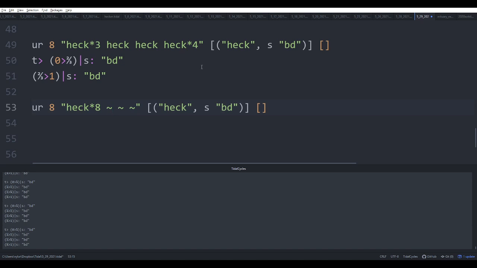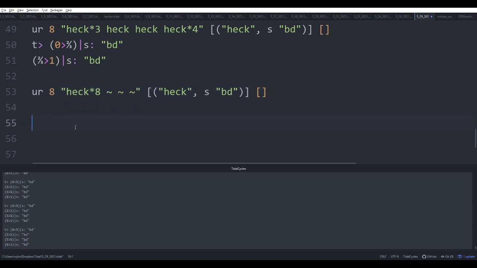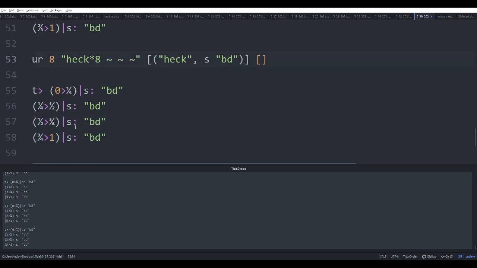Huh. So if I run this, okay. Yeah, that's not what I would have expected. And meanwhile, if I just make it, yeah. Okay, so the multiplication is still doing something.